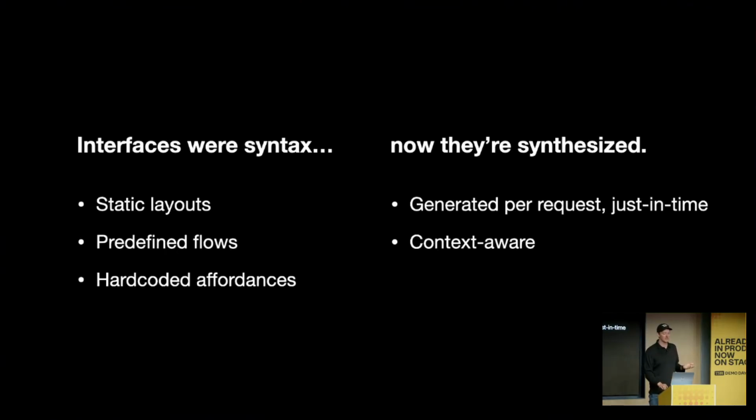This results in these interfaces being disposable. It can be a one-time use interface that just gets generated on demand and then poof, it's gone. And when you need a new one, just make a new interface. It's pretty weird, pretty different.